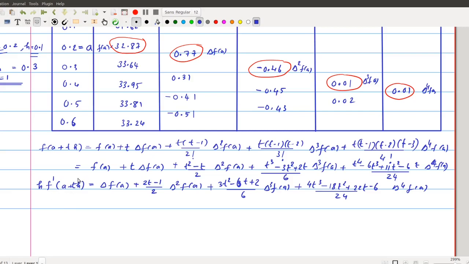But we are asked to evaluate acceleration as well, so we will differentiate one more time, h square f double dash of a plus th.